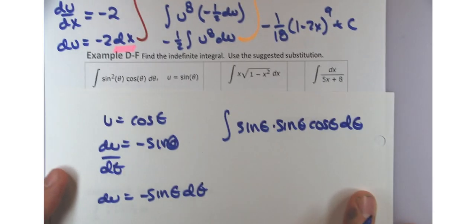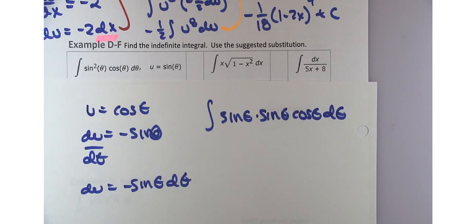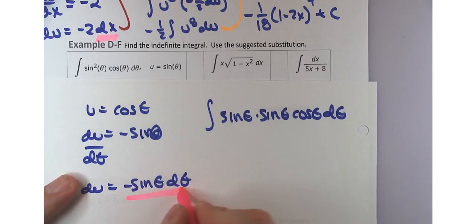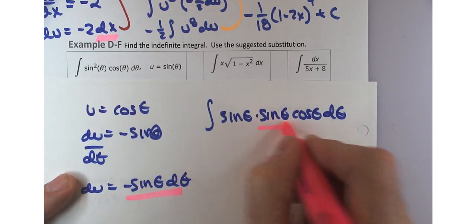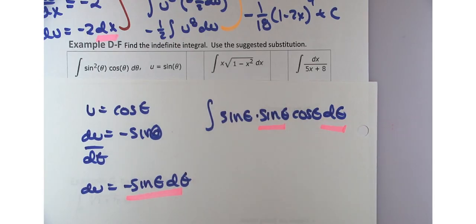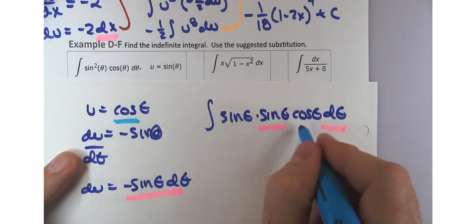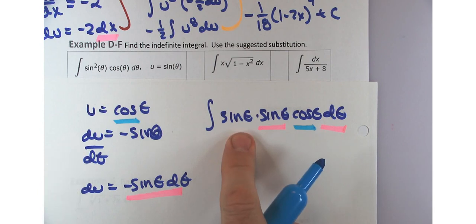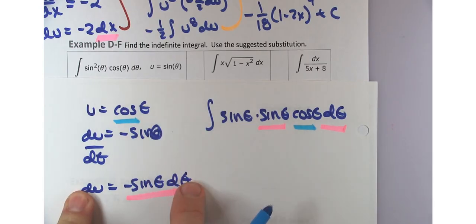If I kind of stretch it all out, I've got cosine of theta, sine of theta d theta. That's fine. I can mess with the negative part later. And I've got u equals cosine of theta. But I'm kind of running out of stuff, right? I haven't figured out how to get rid of that sine of theta term. And so as a u substitution, this isn't going to work.